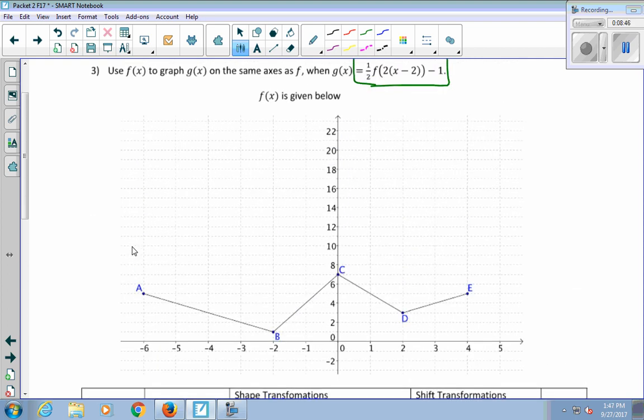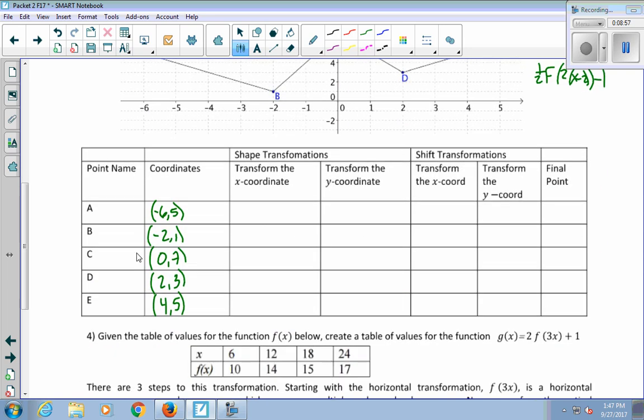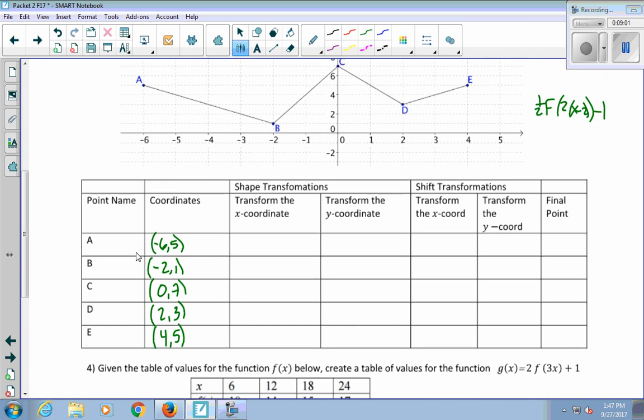All right, I'm going to jot down 1/2 f of 2 times x minus 2 minus 1. Okay, so first I'm going to do my shape transformations, which are the multiplications. Transform the x coordinate. To change the x coordinate, you're looking at what's happening inside the parentheses, inside of f.